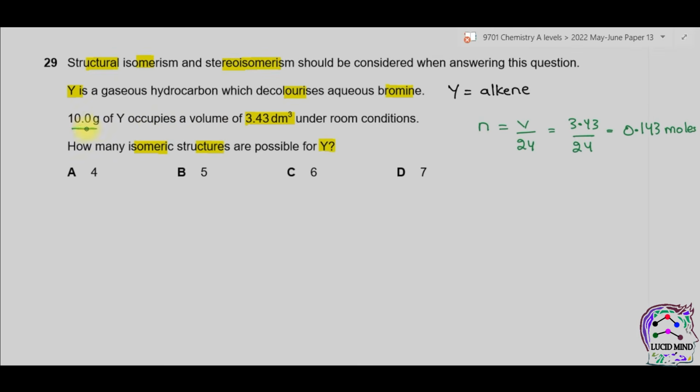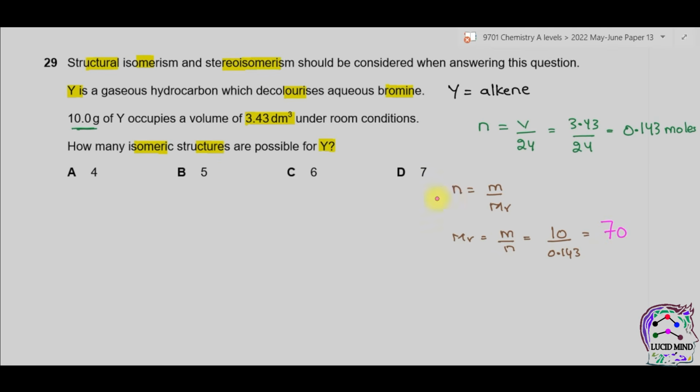Now we do have mass, so from moles and mass we can find molecular mass, as moles equals mass in grams divided by Mr, or Mr is equal to mass in grams divided by number of moles. So we have 10 grams, we have 0.143 moles, so the molecular mass comes equal to 70.